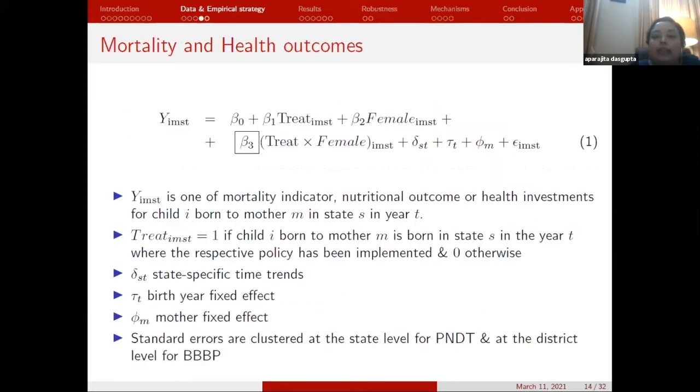So more formally, let me lay down the estimating equation. This is the broad research framework that you can think of. So we have a host of outcomes.